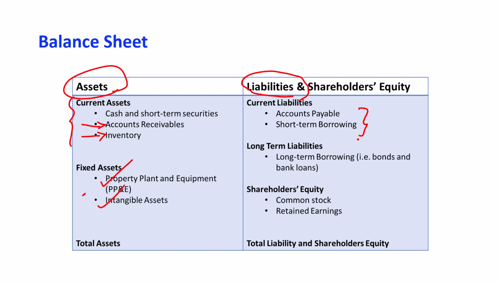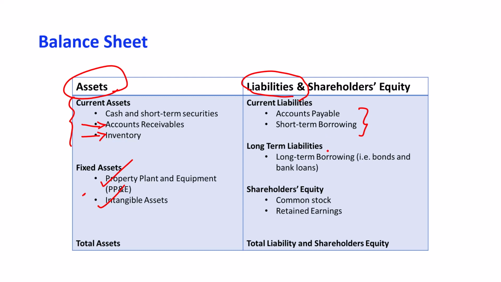And this means that the firm must be able to pay them within the next 12 months. For example, accounts payable is what you owe to your suppliers, and short-term borrowings is what you owe to other creditors such as banks.